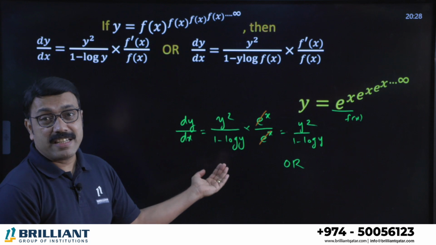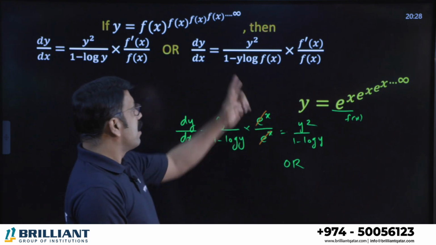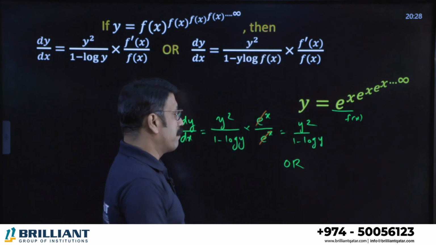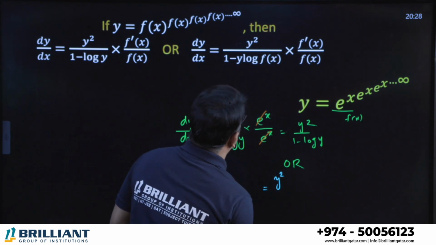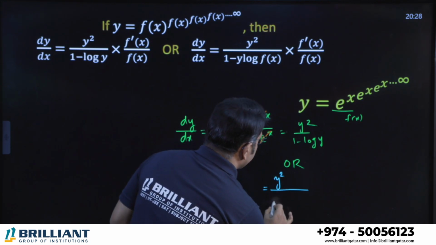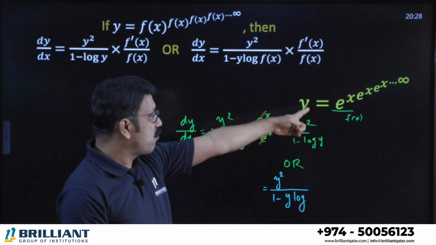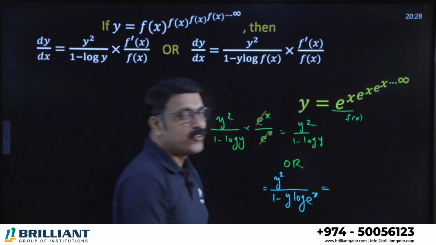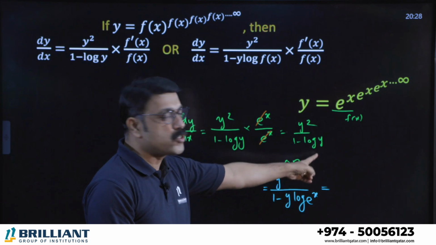Sometimes options will be different. At that time, don't worry, just change it. What's the change? Y square by 1 minus y log f of x will come. That means y square divided by 1 minus y log of f of x. F of x means e raised to x. What is log e raised to x?